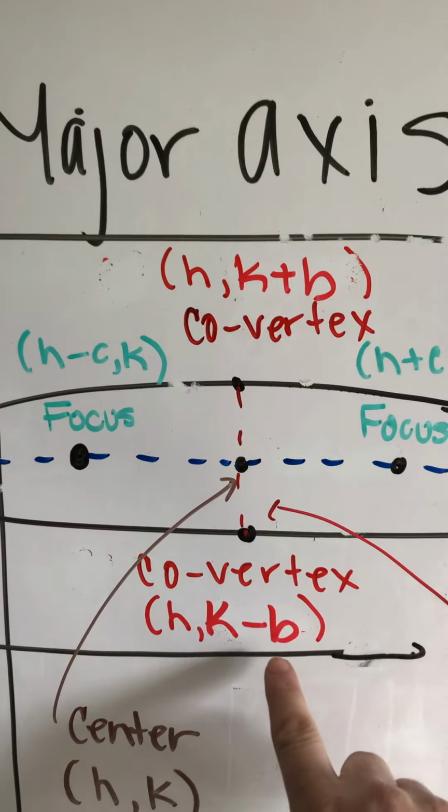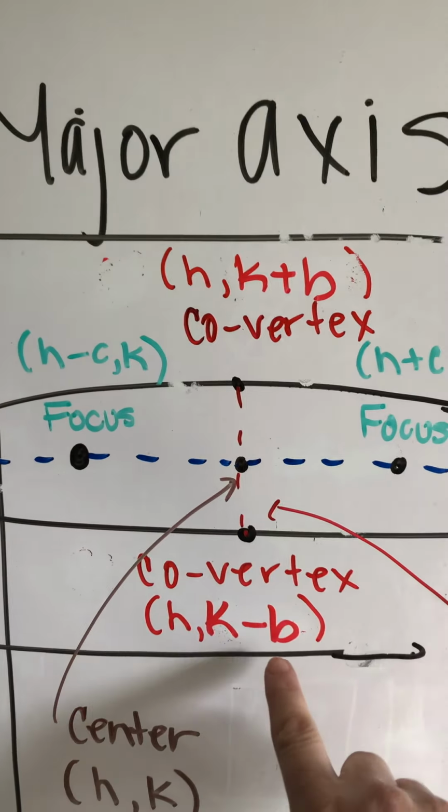Let's look at the covertex. The length of the minor axis is 2 B's, B here and B here. So notice that one of the covertices is HK, but it went up B. Notice that the other covertex is HK, but it went down B. Now, the focus is actually C away from the center.